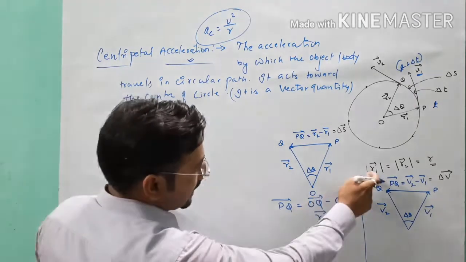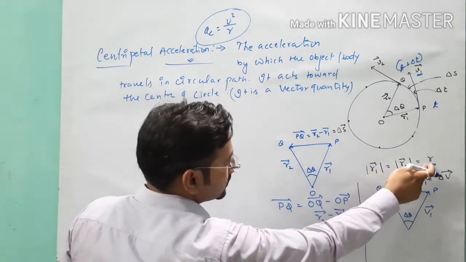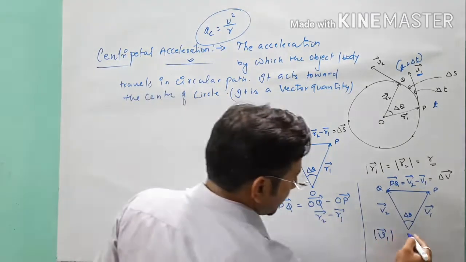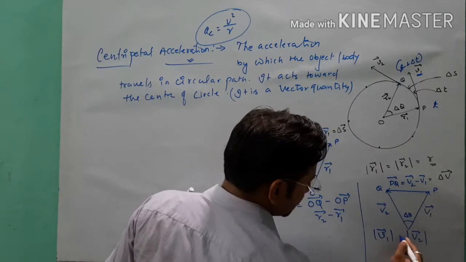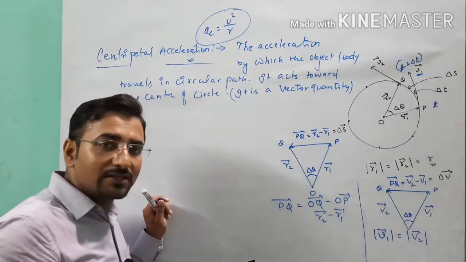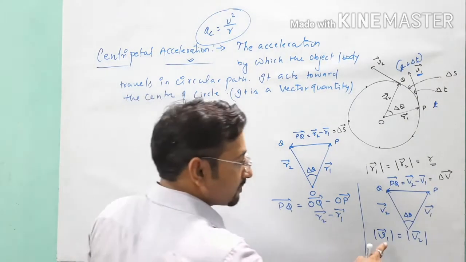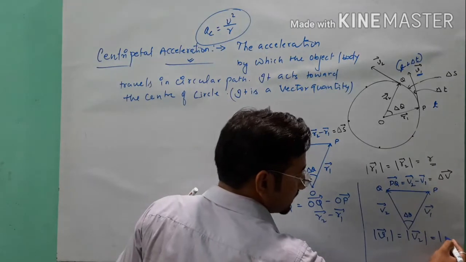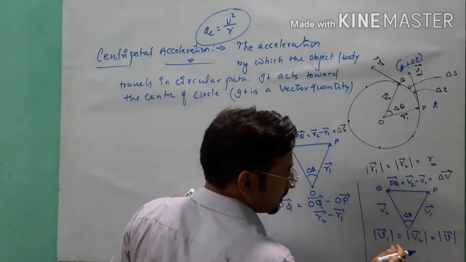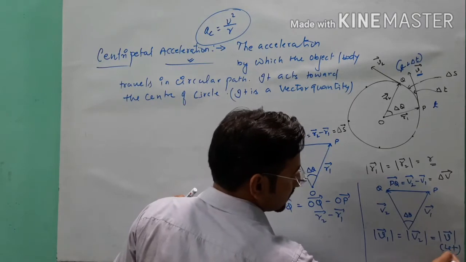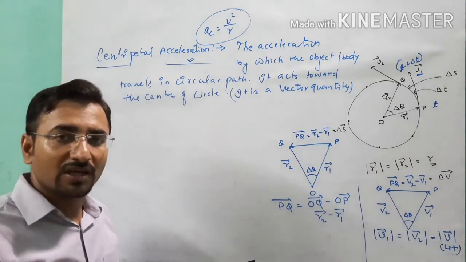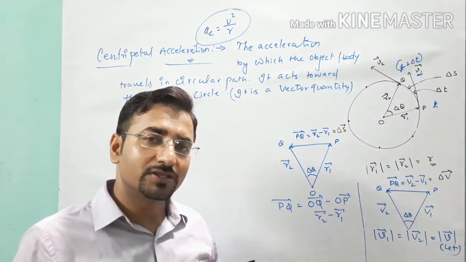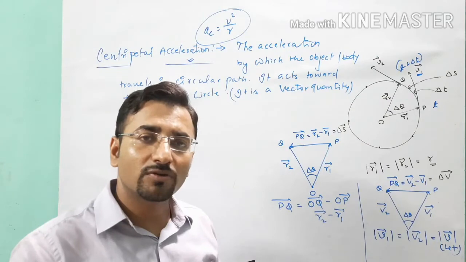And see one thing, as I have written the magnitude of r1 r2 is equal to r, so here also if I write the magnitude of v1 vector and v2 vector, listen carefully, v1 vector and v2 vector are the velocities at different points, but the magnitude of these velocities is equal to our speed, so they both are equal, and let's suppose they are equal to v. Mod of v vector is v, which is our speed, which is constant under uniform circular motion.